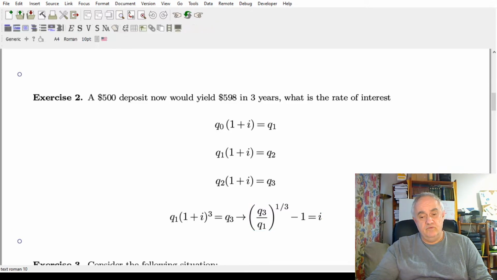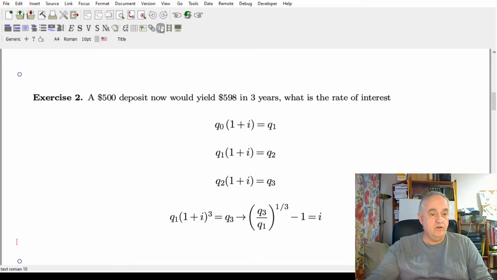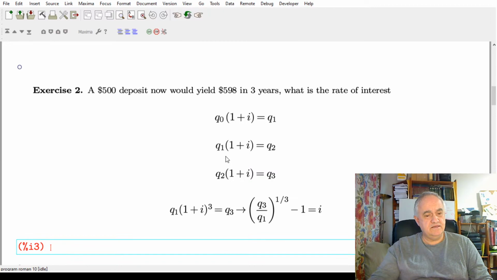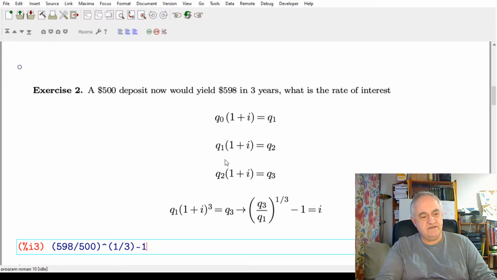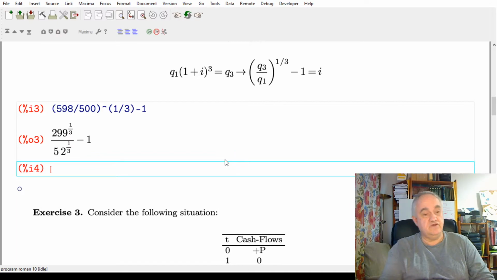So again, once we have solved the problem, we can call Maxima and say, please, can you tell us what the values are? 598 over 500, up to the power of open brackets 1 over 3, minus 1 will give us the rate of interest that solves the problem.